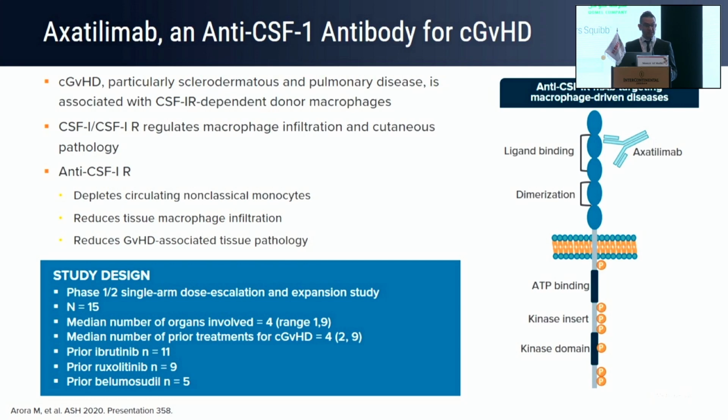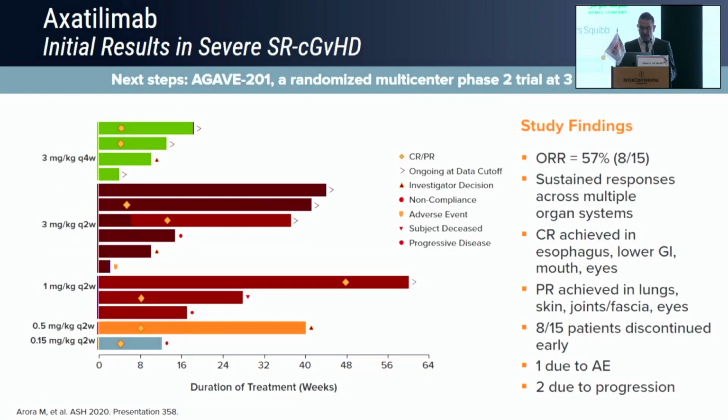Most of them received all 3 of the approved agents. And we see a really good overall response of 60%, a very promising drug. There were responses in GI, mouth, and eye, which are difficult sites to manage with GVHD, and even in the lung there were multiple cases of response. Now they have a study comparing 3 doses to see which dose is best for expansion.